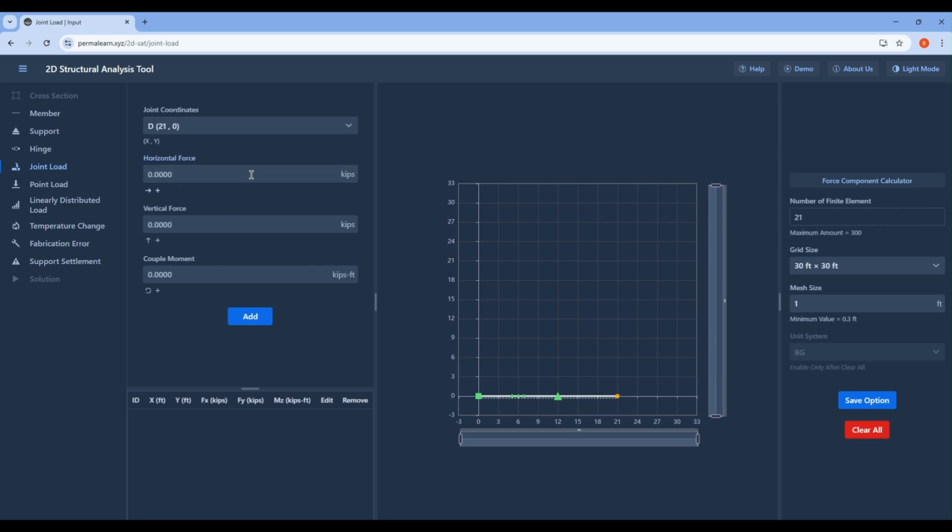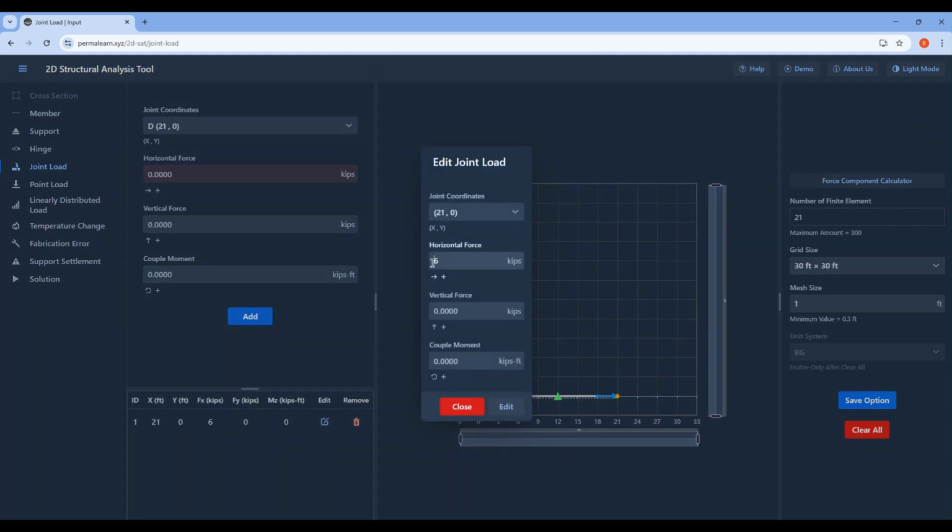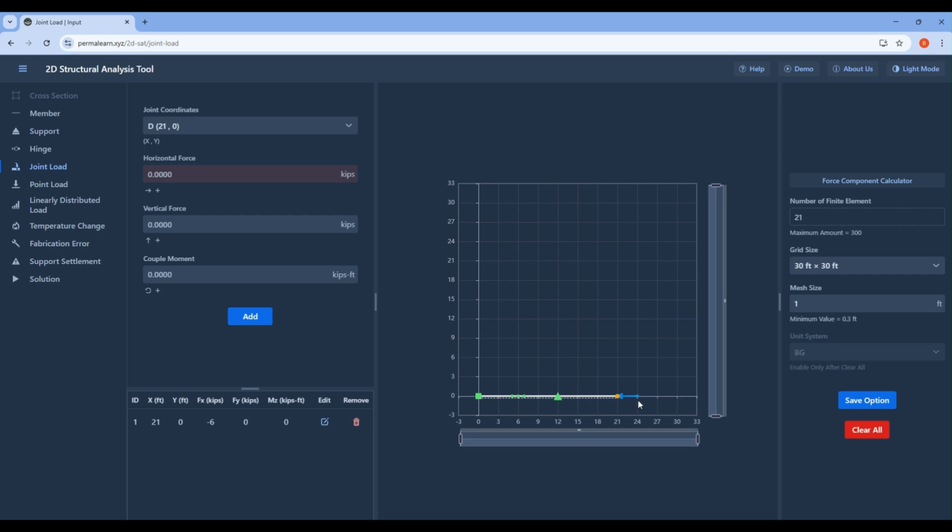So for example, I want it to be 6 kip to the right at point D, so it will display like this. And if I want to move it to the left, I just add the negative sign, and it will go to the left as compression.